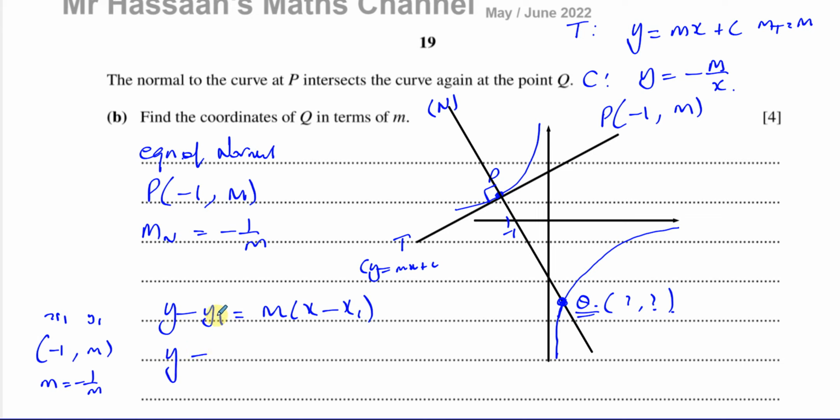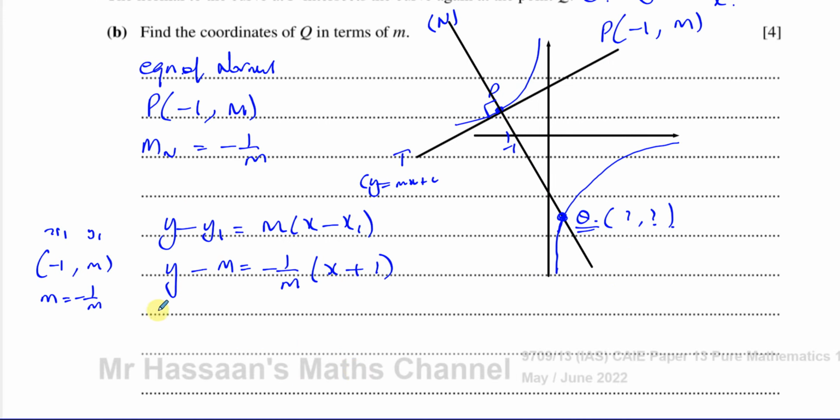So you have y minus m equals -1 over m times x minus -1, which is x plus 1. Now I can find the equation of this line. So I'll have y equals -1 over m x minus 1 over m plus m. That's the equation of the normal to the curve.